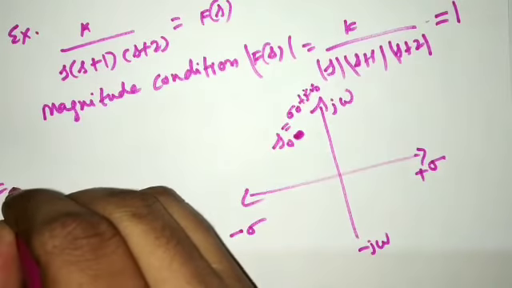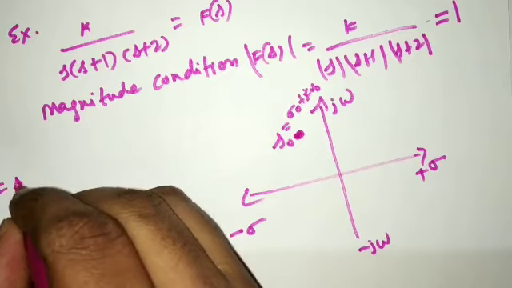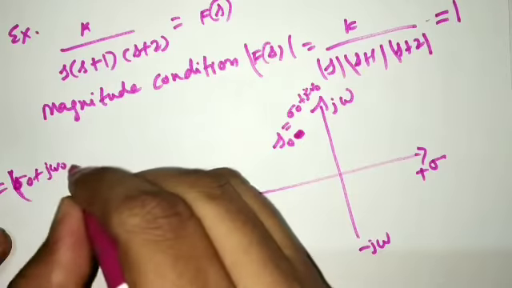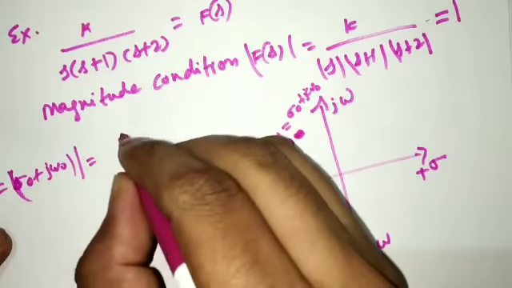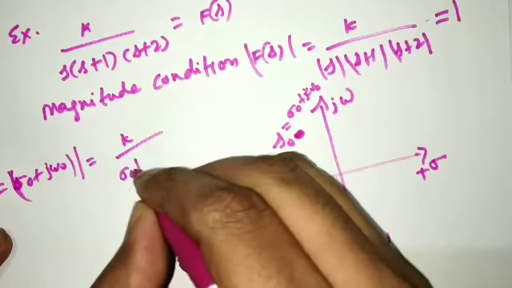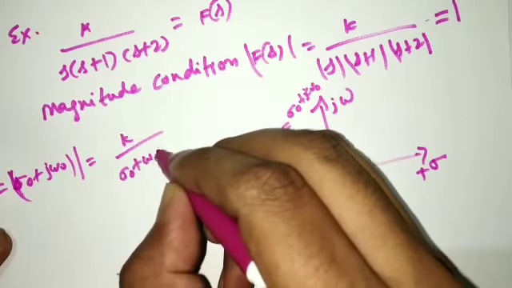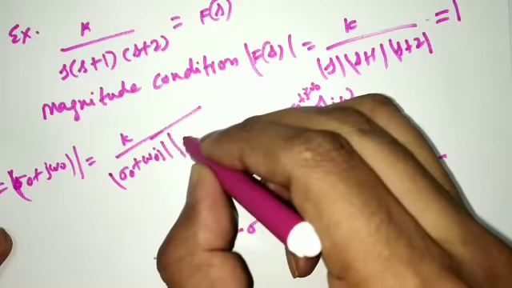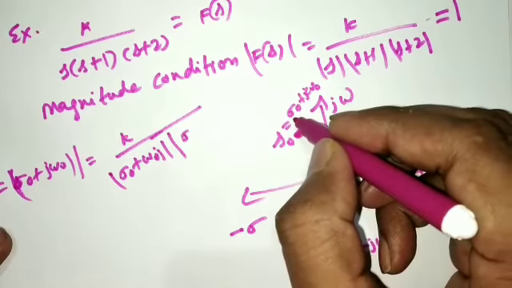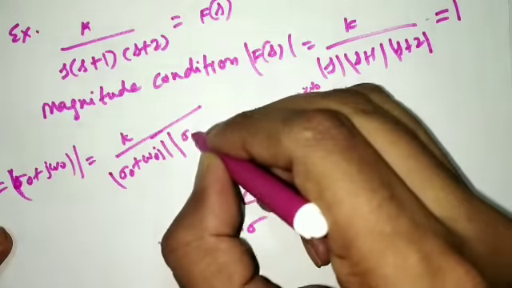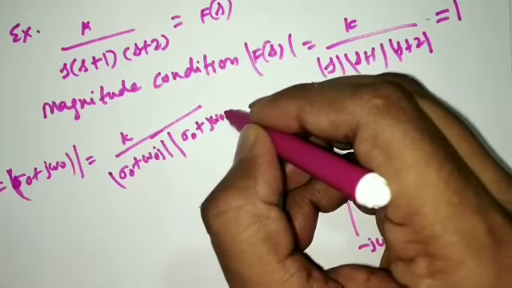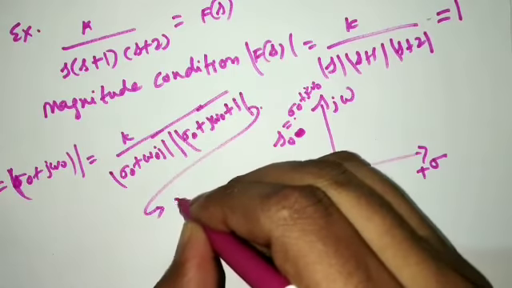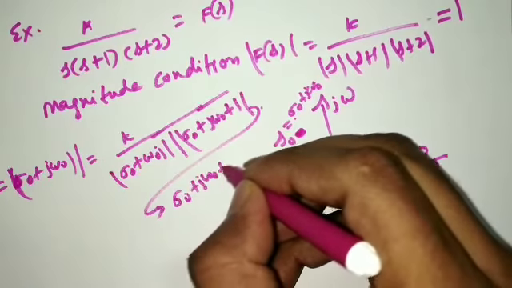So k divided by the magnitude of sigma naught plus j omega naught, times the magnitude of sigma naught plus j omega naught plus 1, times the magnitude of sigma naught plus j omega naught plus 2.